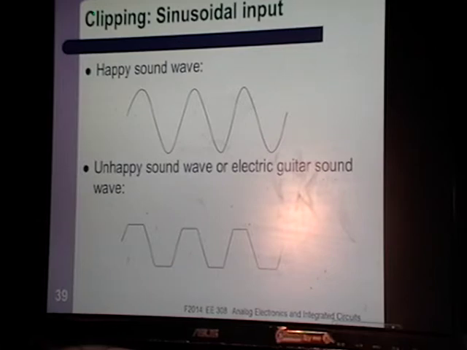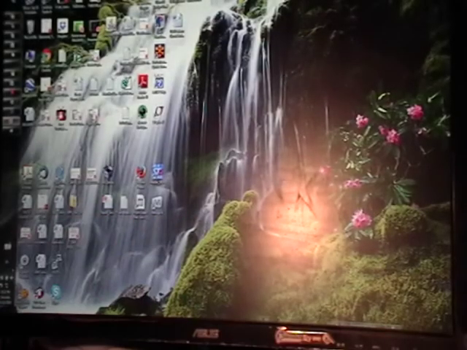You can have a differential input or a single-ended input, and a differential output or a single-ended output. They all have their applications and uses. It's just that in this class we don't have enough time to do them all. And I think that's it for that topic.